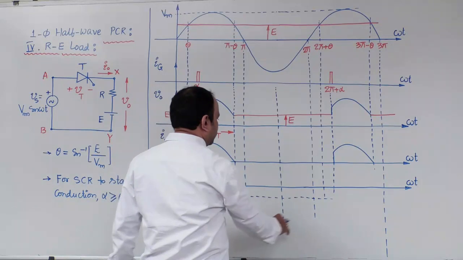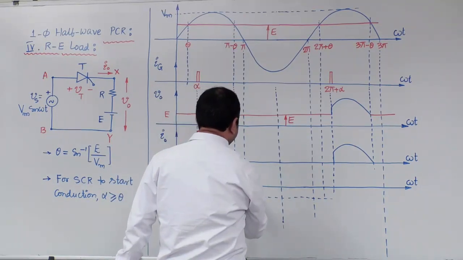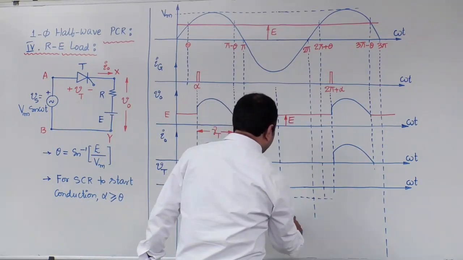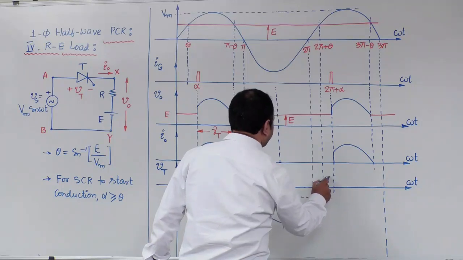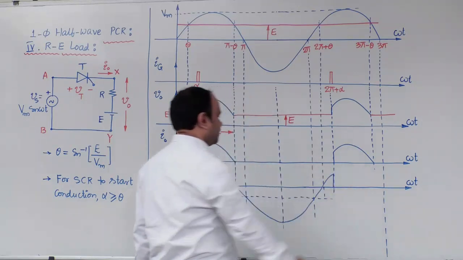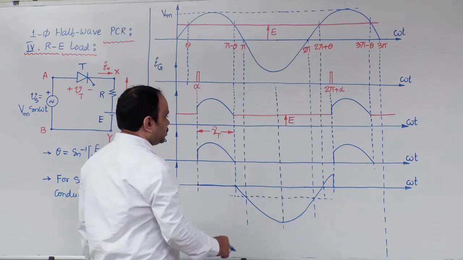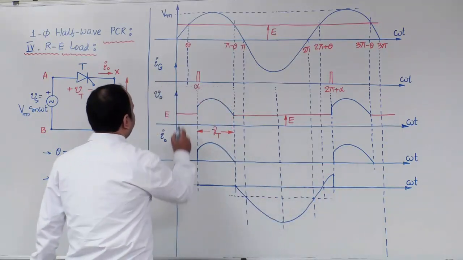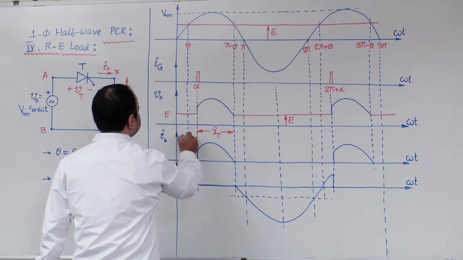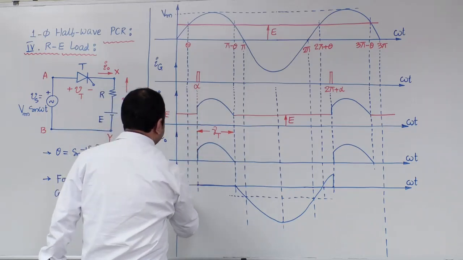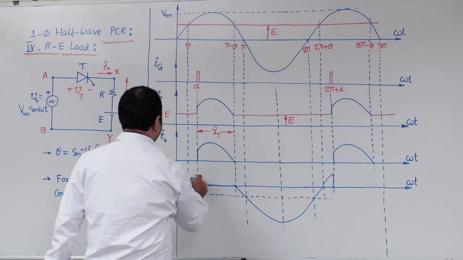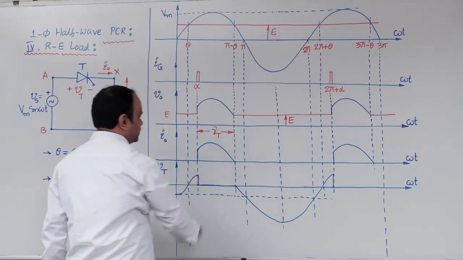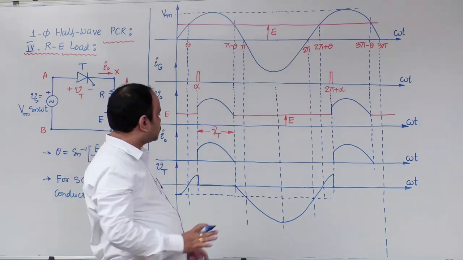Now, join all of these points. We will get the voltage across SCR waveform something like this. 2 pi to 2 pi plus alpha will be the same as from 0 to alpha.